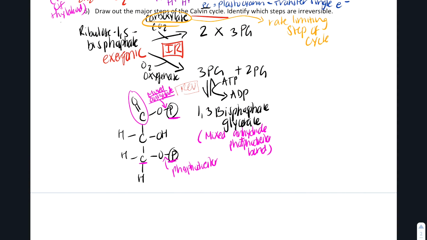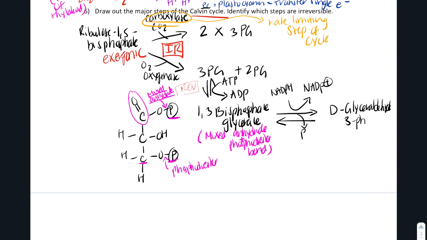Okay, so after you create your 1,3-bisphosphate glycerate, you have the input of NADPH, which makes NADP+. So we oxidize the NADPH, and we removed a phosphate here. So we have D-glyceraldehyde 3-phosphate. So we lost a phosphate, right?